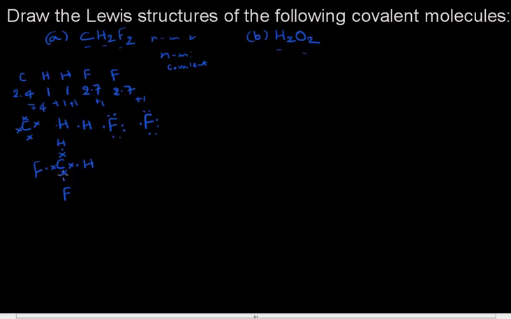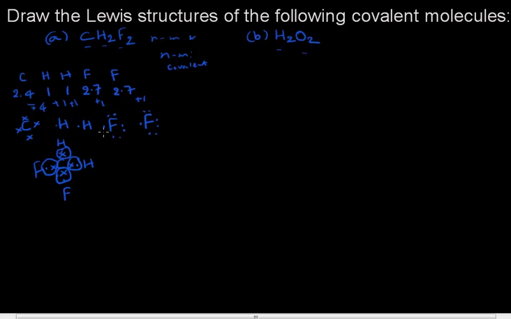Now as a result, carbon has 8 valence electrons altogether, if you can see. That's 2, and this is 2 as well, and that's 2 as well. Now carbon has 8 electrons around it.